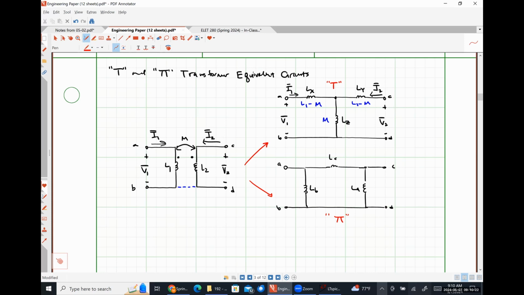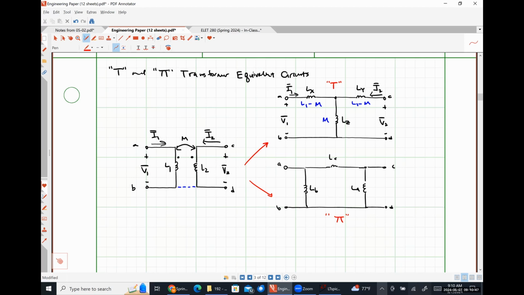Just as a heads up here, what if I made Lx and Ly kind of slant up like this?